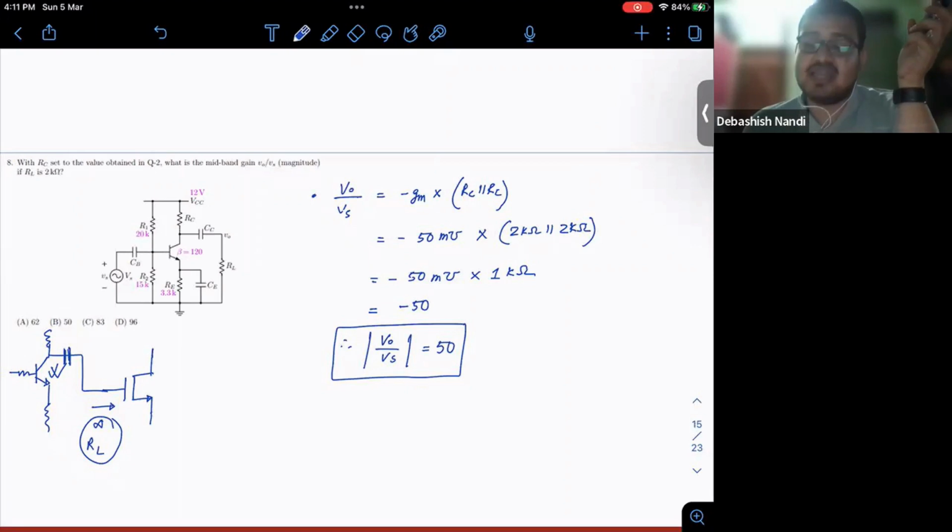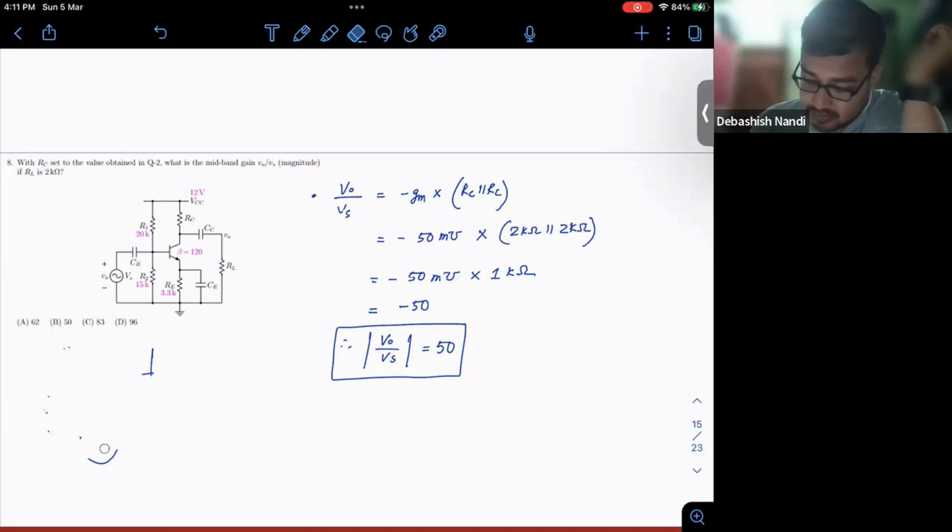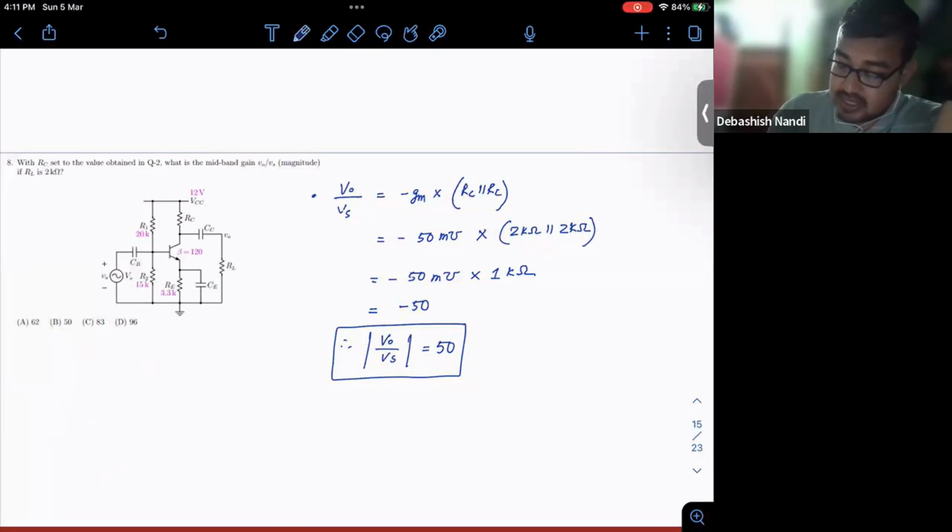I cannot have a 1,000 gain amplifier, because there are certain trade-offs with gain and bandwidth. So I have to have multi-stage amplifiers, and I need the input impedance of the next stage to be as high as possible. So the correct answer here is 50.